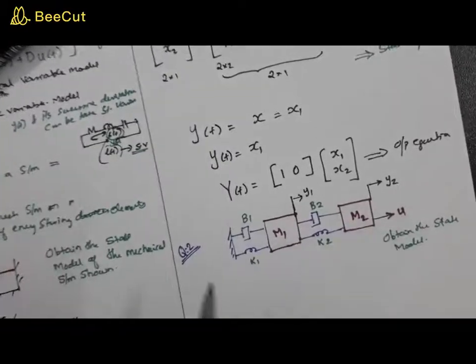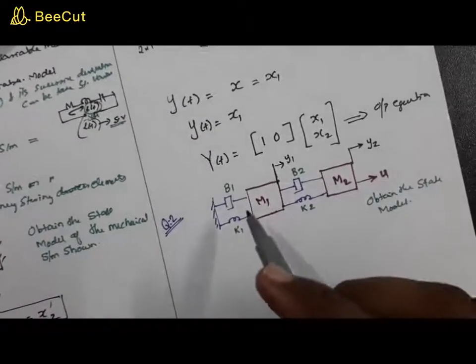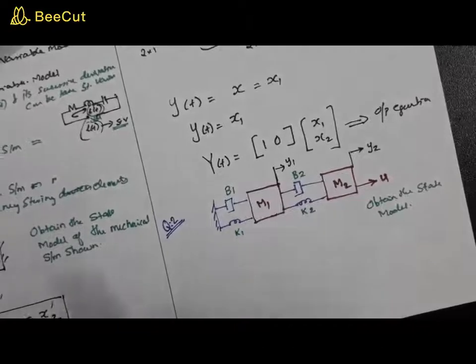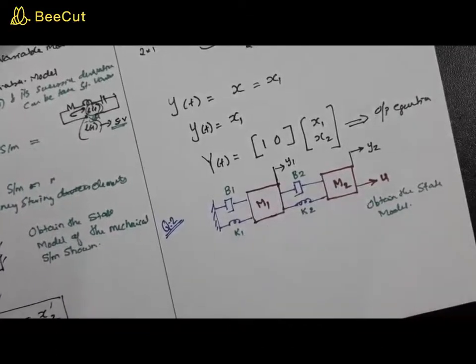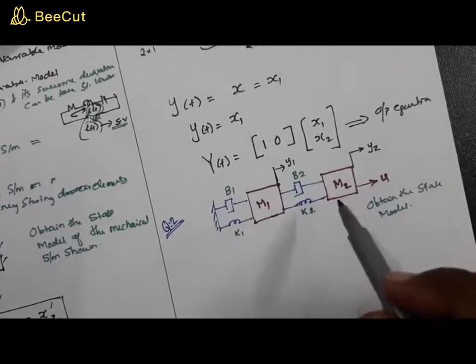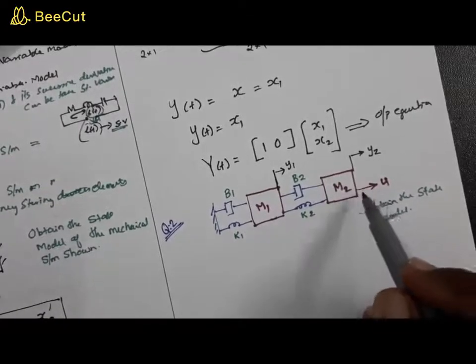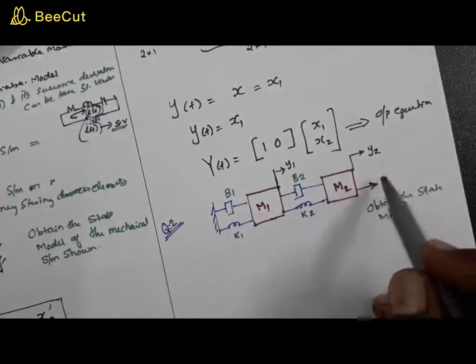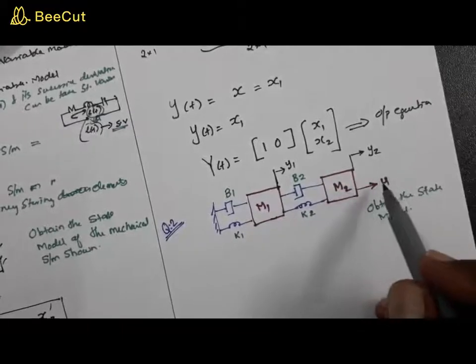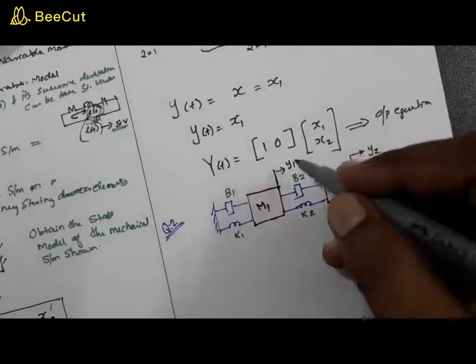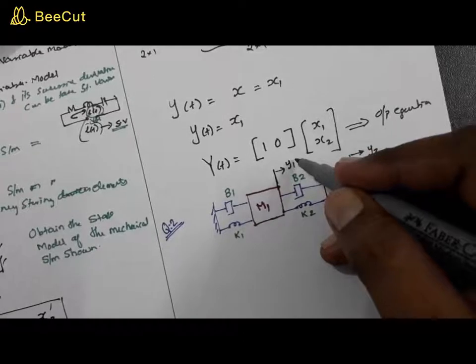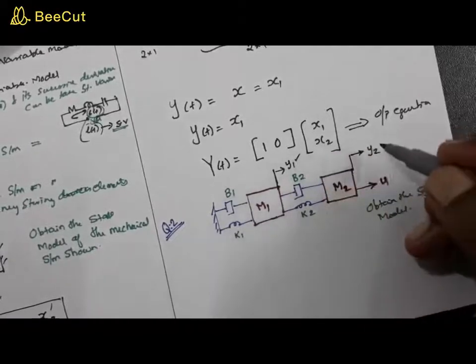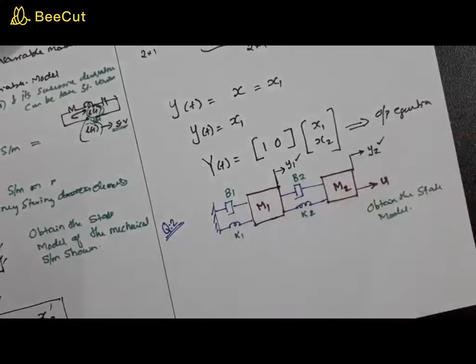Now look at this. You have another question, a bit more complex than the previous question. You have two masses, M1 and M2, and this M2 is subjected to a force, that is, the input force is applied at M2, and that results in two outputs, that is, two displacements called y1 and y2.